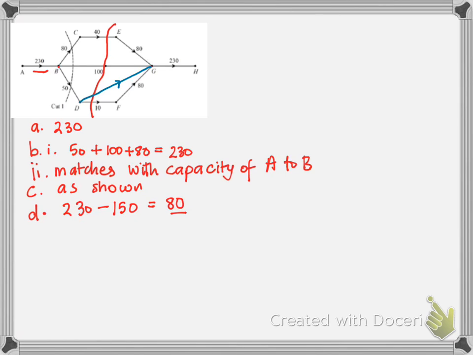You have to work that out first. But then there's another road, D to F, that can carry 10 of those 50 coming in, so the minimum you can make this road to get that maximum possible flow through has to be 40, okay?